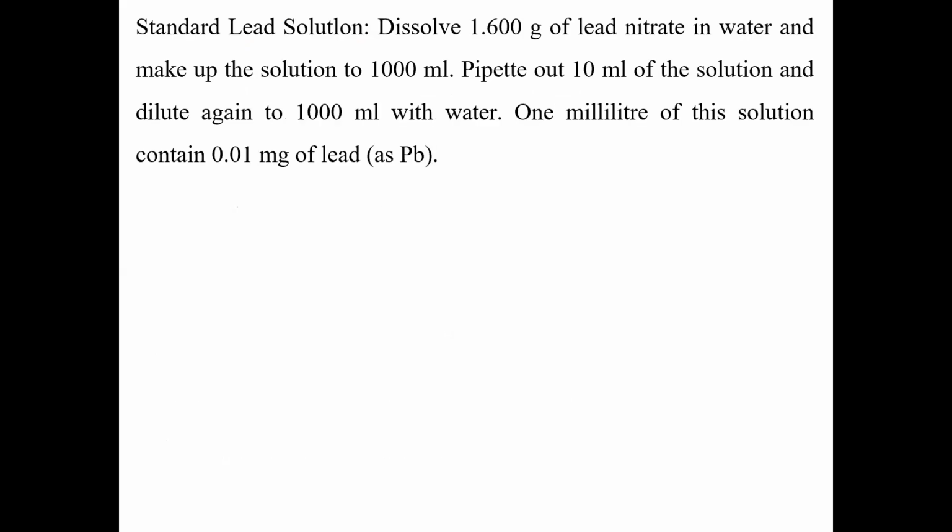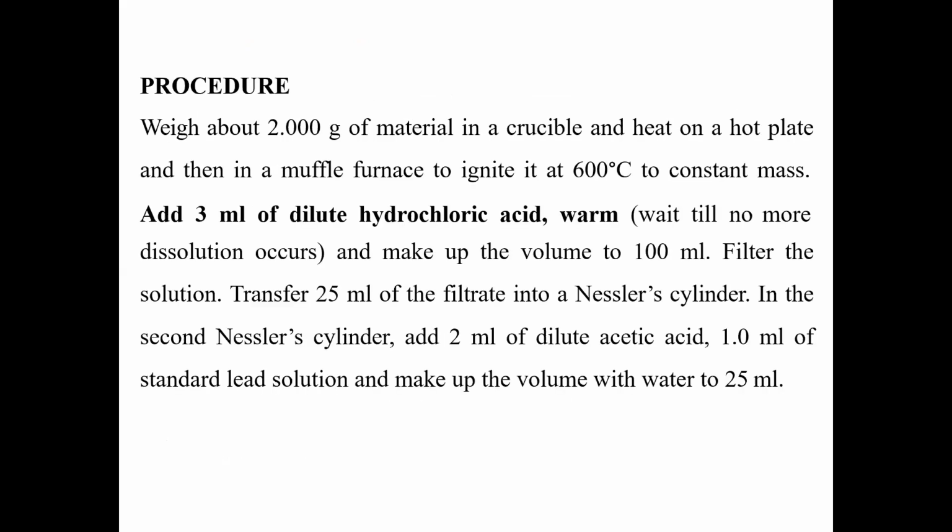So, the standard lead solution should be prepared. For the procedure, weigh about 2 grams of material in a crucible, heat it on a hot plate and then in a muffle furnace to ignite to constant mass.